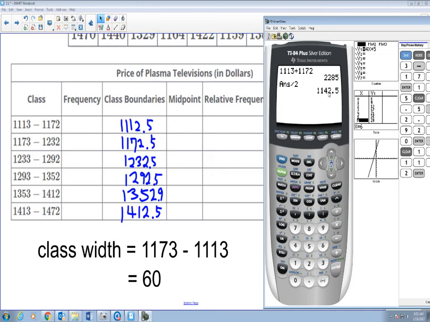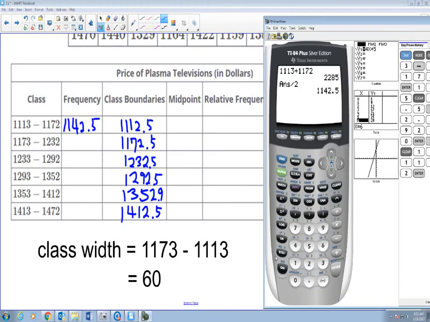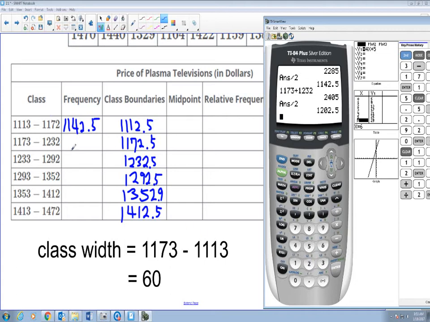So my midpoint is 1142.5. The next class, 1173 plus 1232 first, and then divided by 2, 1202.5.